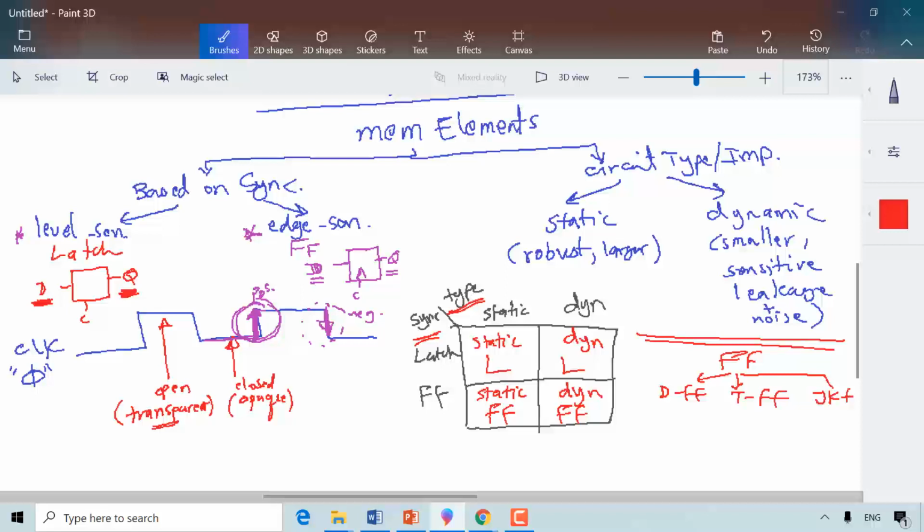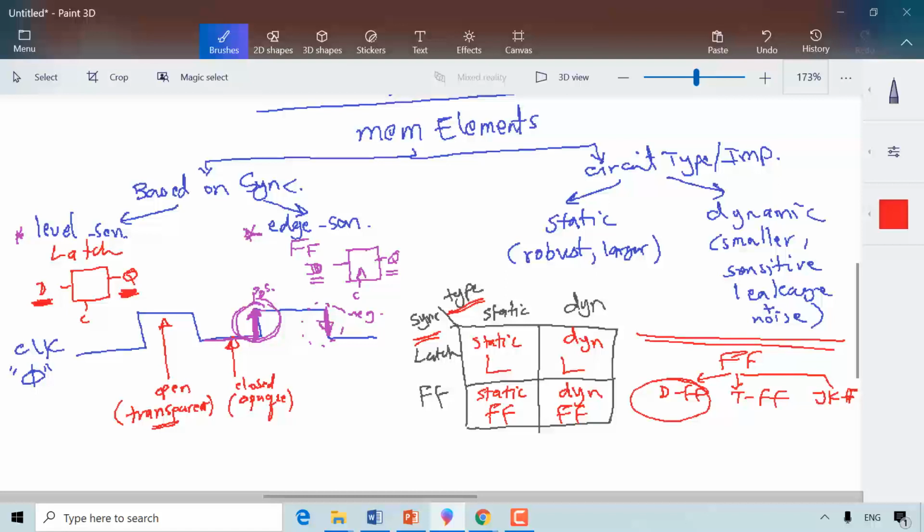Okay, JK flip-flop. Now, for practical purposes, and because it's easy and very well studied and implemented robustly, the D flip-flop seems to be the most dominant of all the flip-flops.